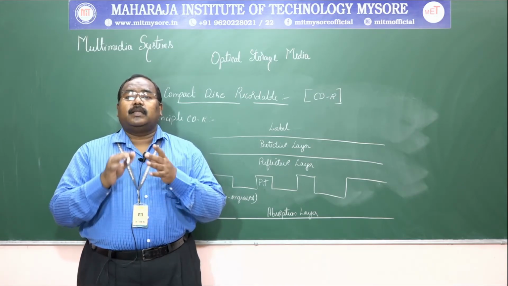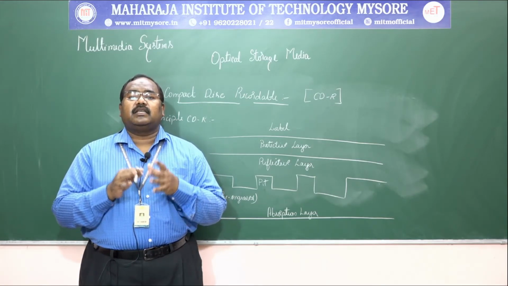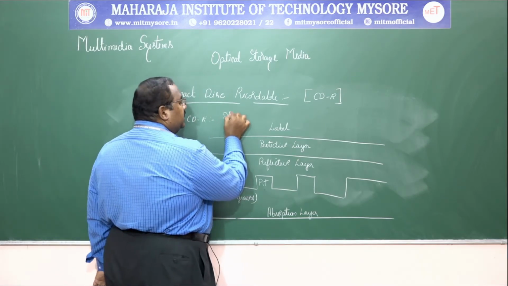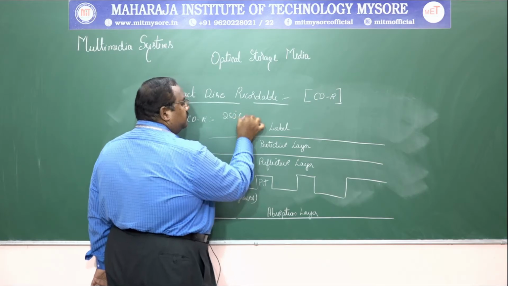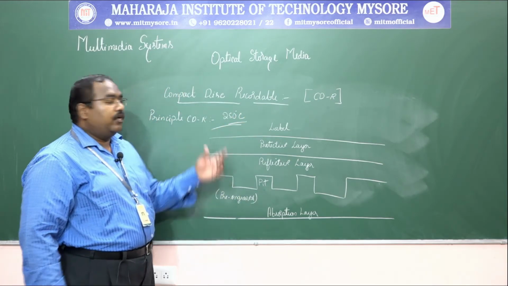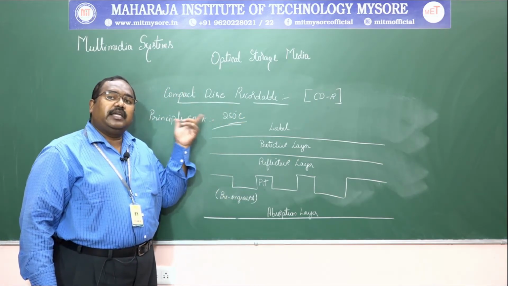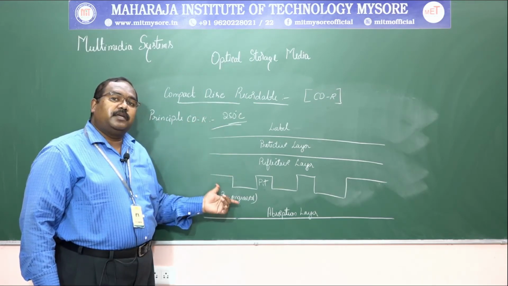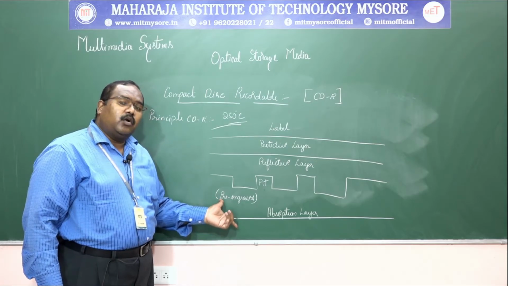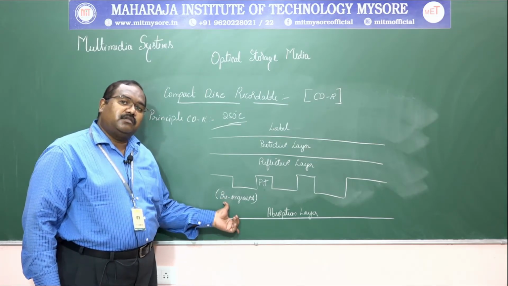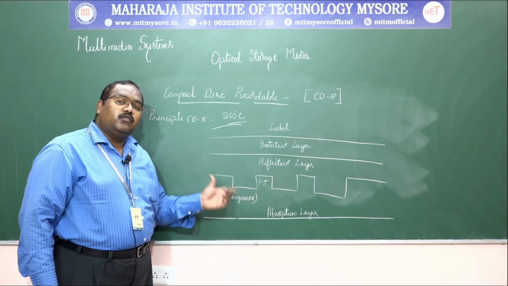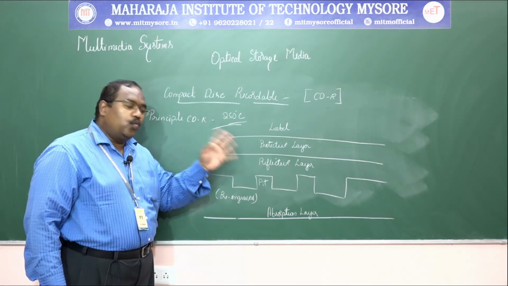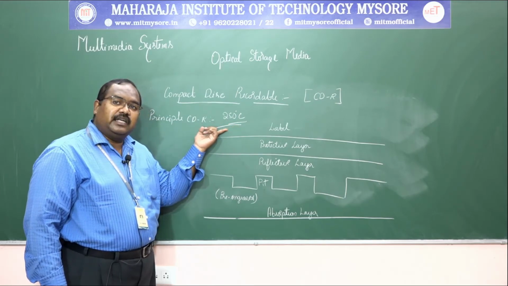Also, the pre-engraved track is heated to above 250 degrees centigrade. This is to be noted. When we want such a high-intensity laser, we need to look at the difference: the absorption layer only absorbs the data with a laser which is 4 times more intense than in CD-ROM, at 250 degrees centigrade.